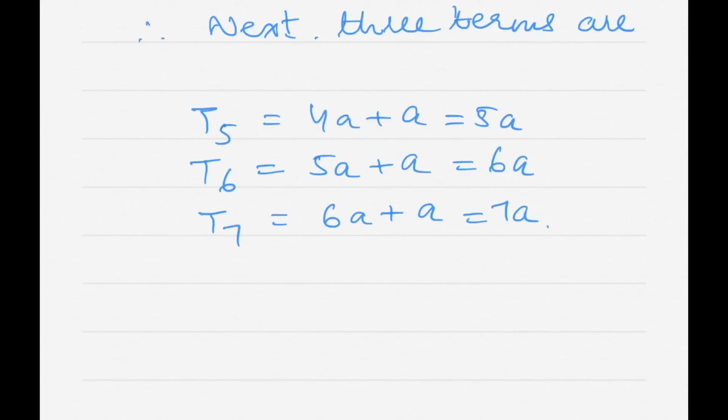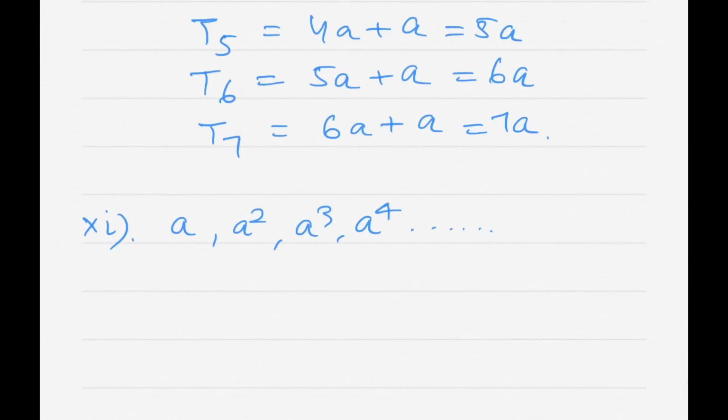Now 11th part. The series is A, then A square, then A cube, and A4. I know by looking at it only that it is multiplied, same number is not added, but okay.